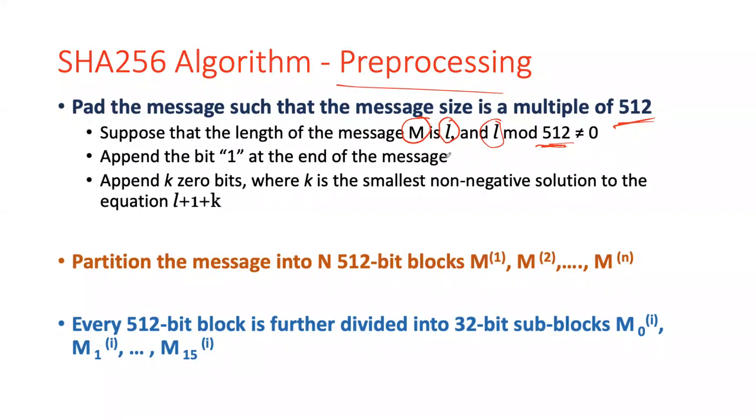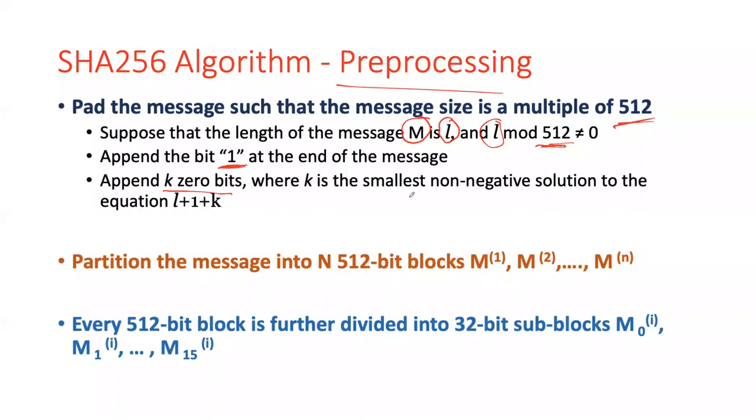How are you going to add? You need to differentiate the original message from your padding bits. So at the end of the message, one bit 1 will be added, and after adding 1, the remaining bits will be 0 bits. So k 0 bits will be added to your message after the 1.